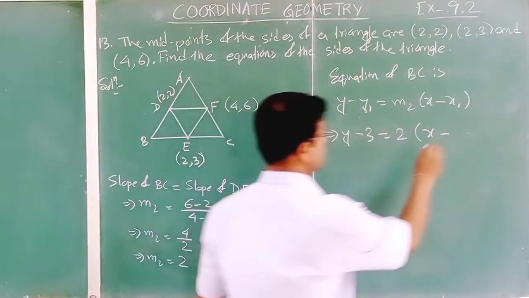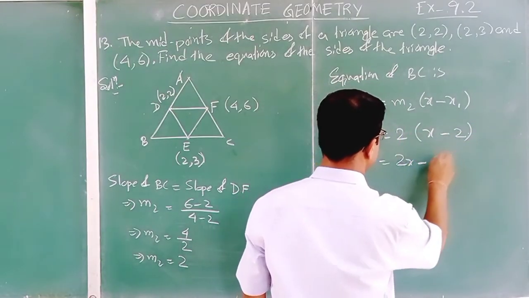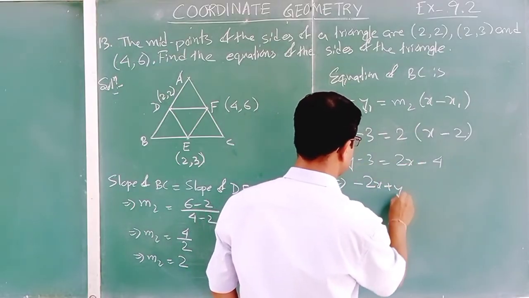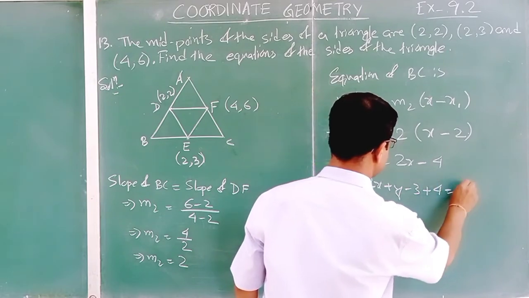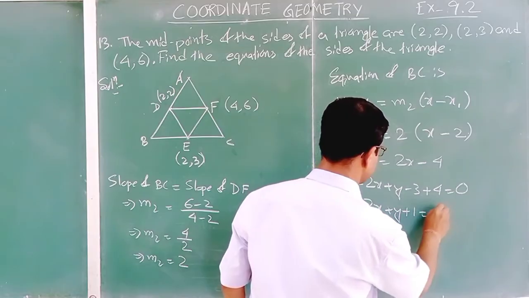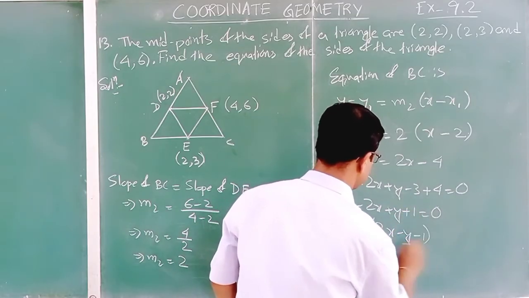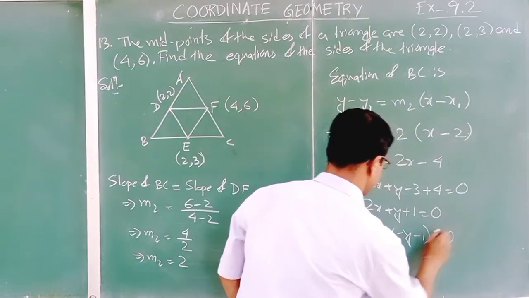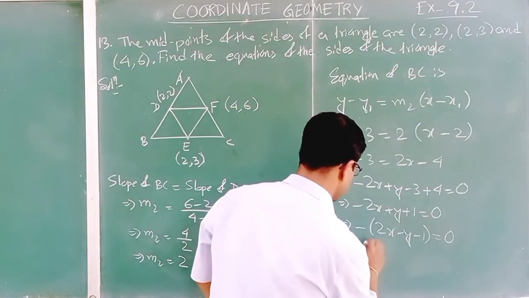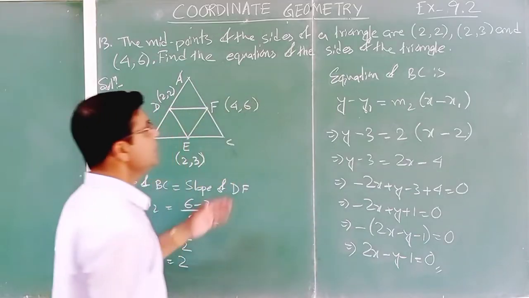This is very simple now. y minus 3 equals 2 times (x minus 4). Let us bring everything to the left hand side: minus 2x plus y minus 3 plus 8... that is, minus 2x plus y plus 1 equals 0. We can take minus common, so all the signs get changed, and multiplying both sides by minus 1 the equation is 2x minus y minus 1 equals 0. This is the equation of the straight line BC.